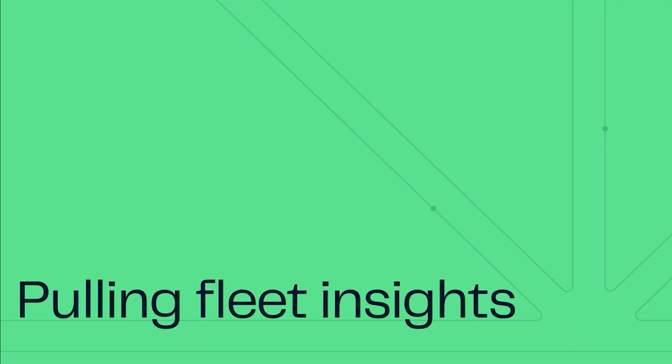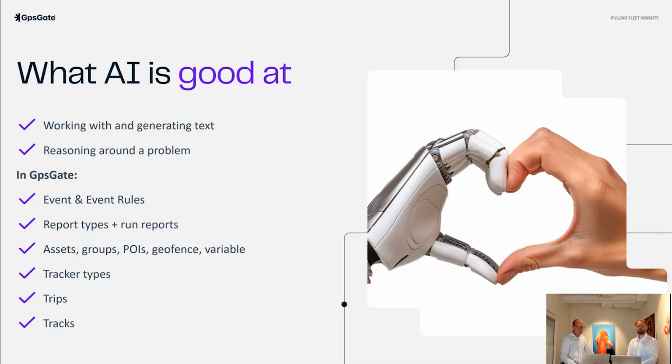So next area is about how to pull fleet insights out of the system, and what resources are we giving to the AI to help us with that? Fleet insights can be a lot of different things, for every setup is different. We gave the AI access to read the data that you have in your system when you ask about it.